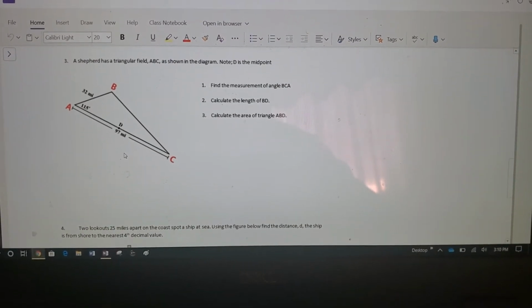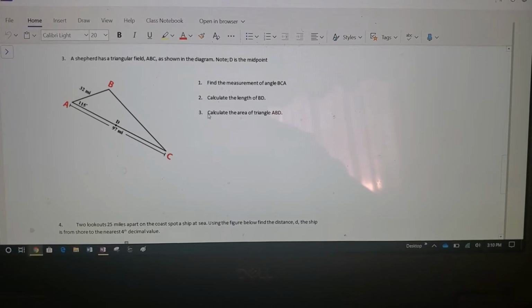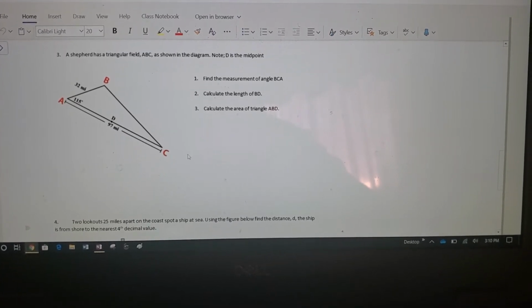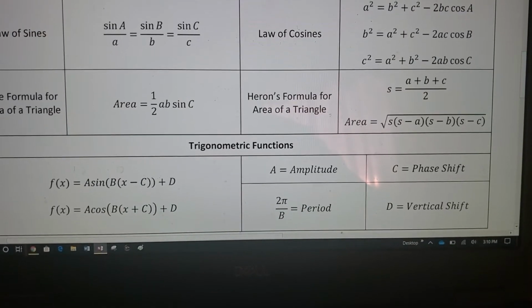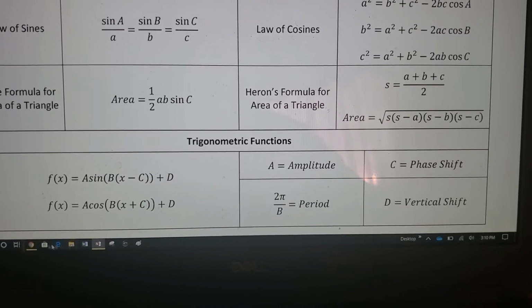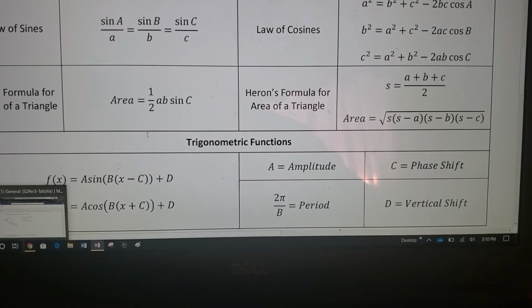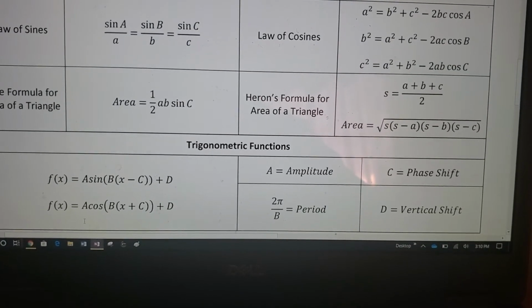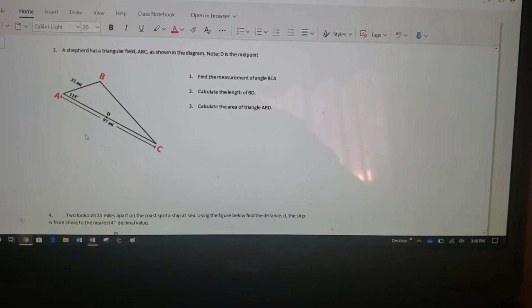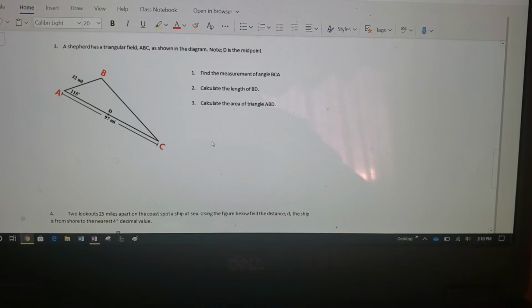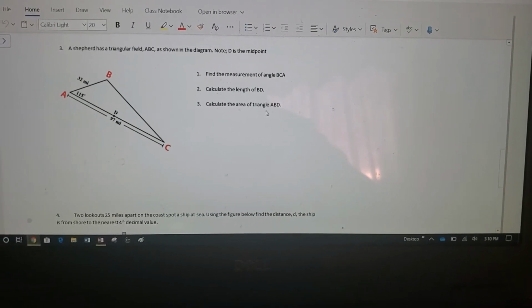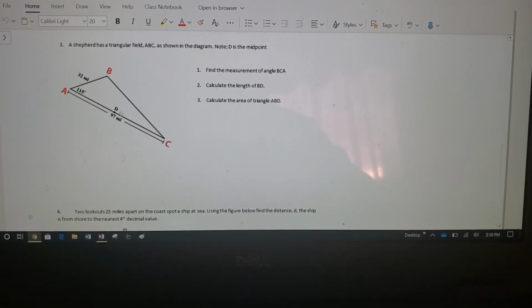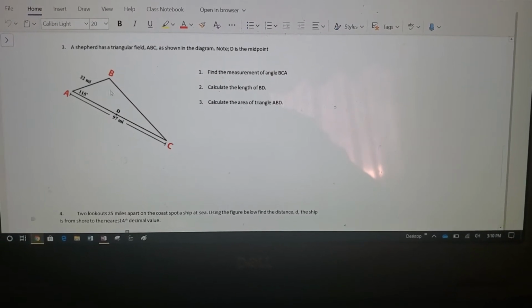What I'm going to do for this problem is use the first formula, the sine formula for the area of a triangle. I'm going to use that formula, this one up here, to find the area of this whole triangle. So calculate the area of triangle ABD.